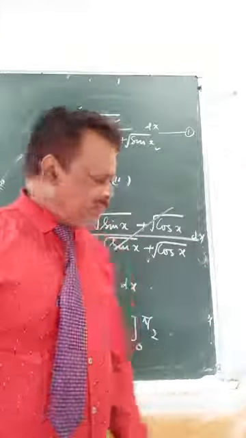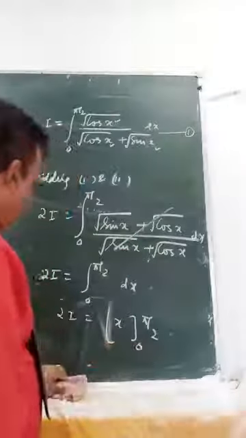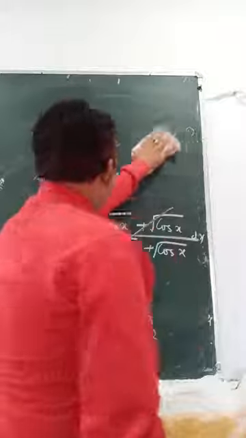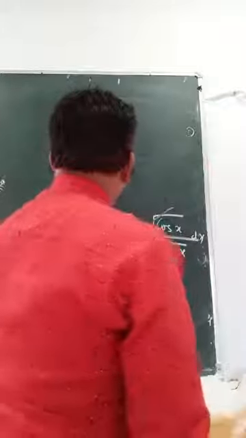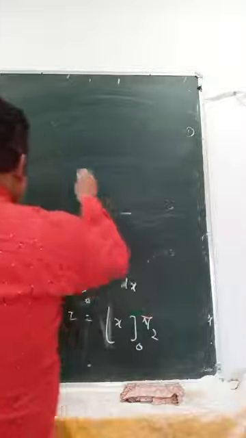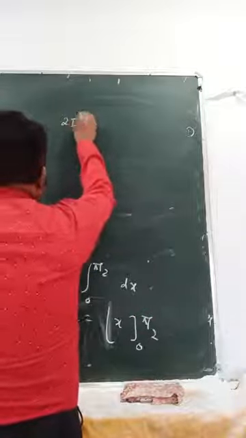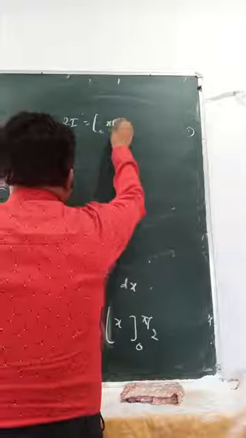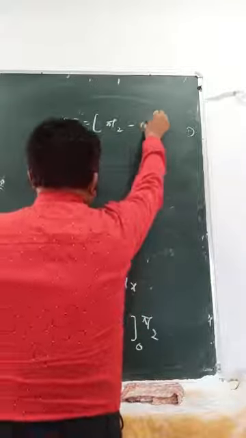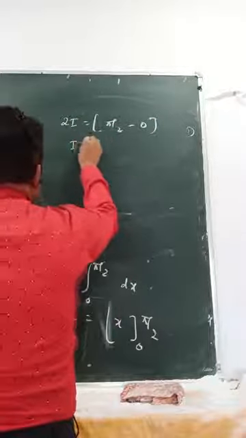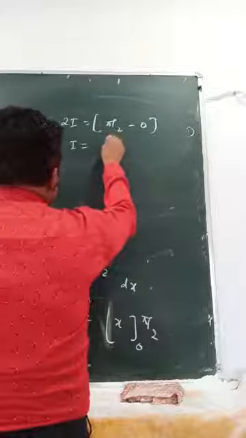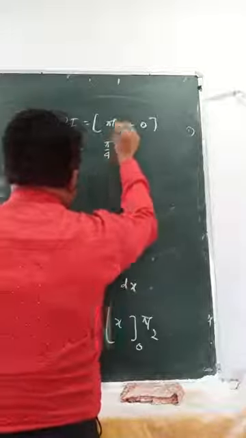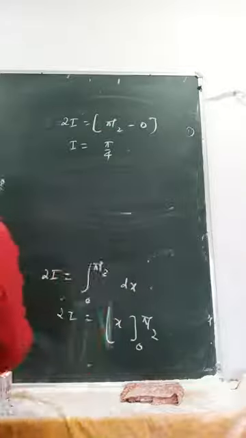Now the same procedure, upper limit minus lower limit. So 2I equals pi by 2 minus 0. I equals pi by 4. Okay. This is one pattern.